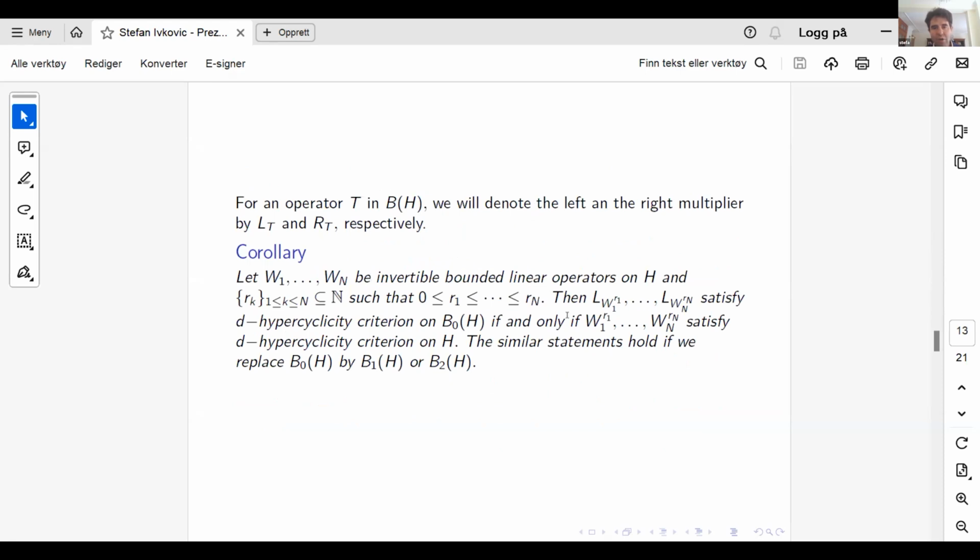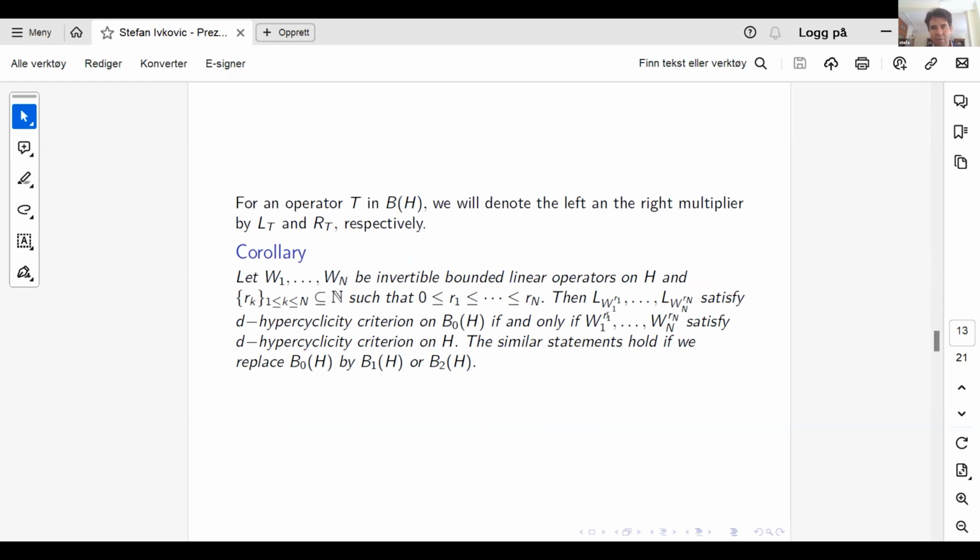Here L denotes the left multiplier by these operators. These left multipliers satisfy the hypercyclicity criterion on B0 of H if and only if these operators satisfy the hypercyclicity criterion on H. And once again, we can replace B0 of H by every Schatten p-ideal.